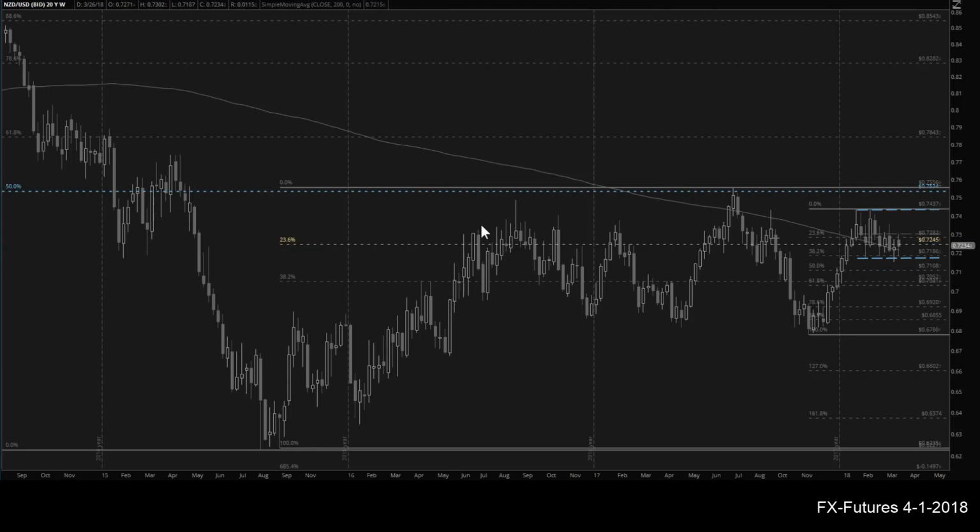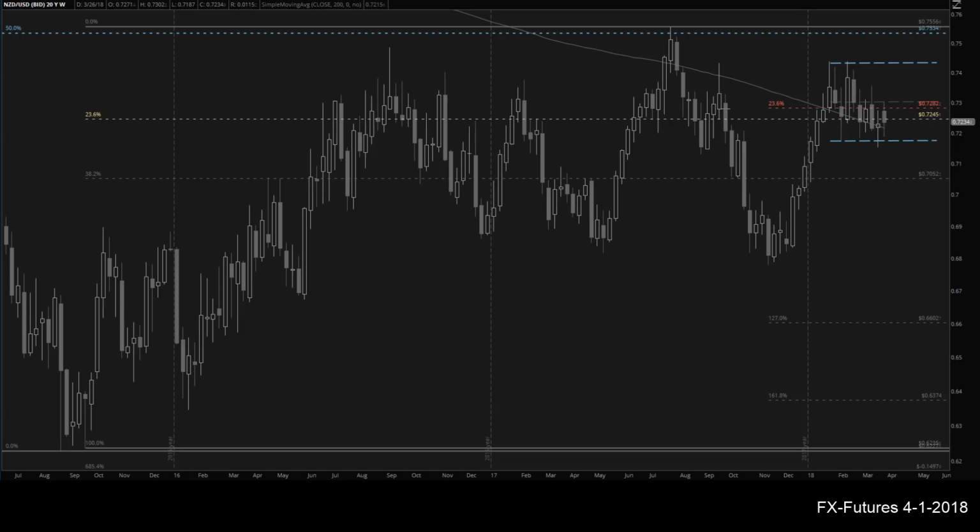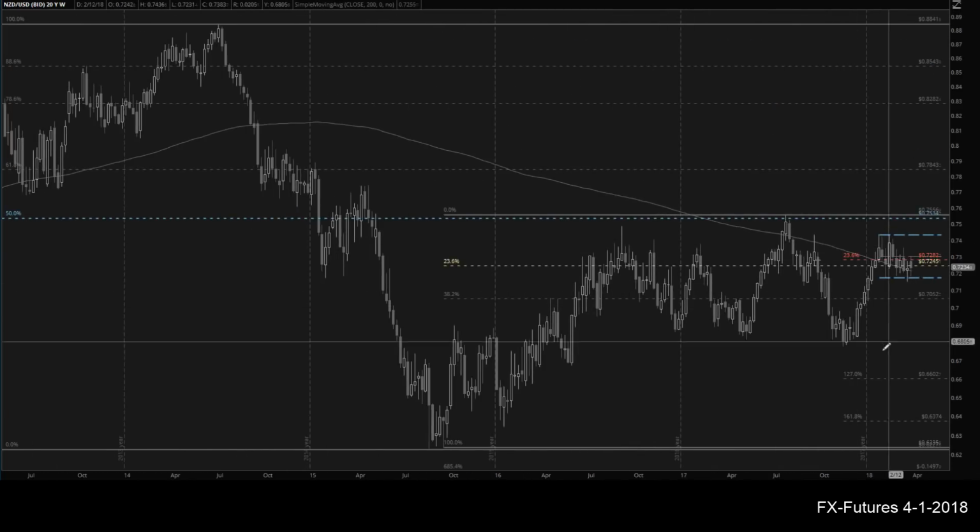And unless we get above this 23.6 retracement of this current swing, market red, one second. So unless we get above 72.82, I'm going to stay bearish. I really don't like these larger consolidation areas. It's really hard to draw fibs.